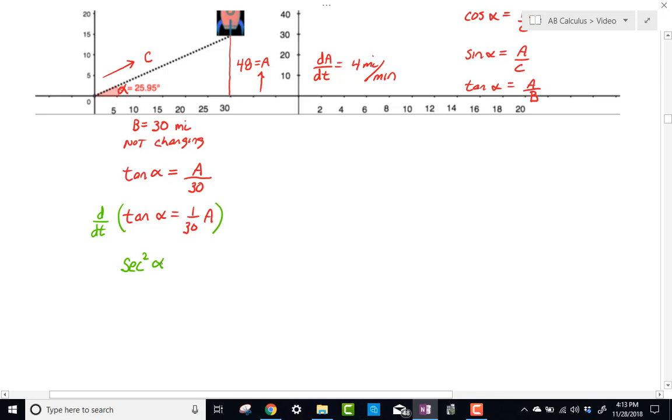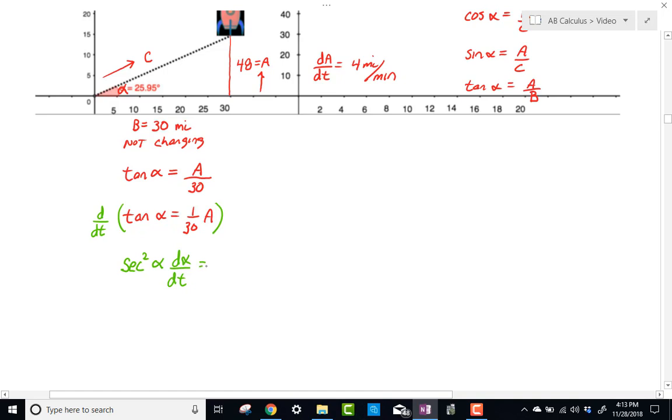So first of all, it's secant squared alpha, but then we're taking the derivative of alpha, so d alpha dt. Okay? And if you go back and read the problem, it says at what rate is the angle of elevation changing? That's d alpha dt.